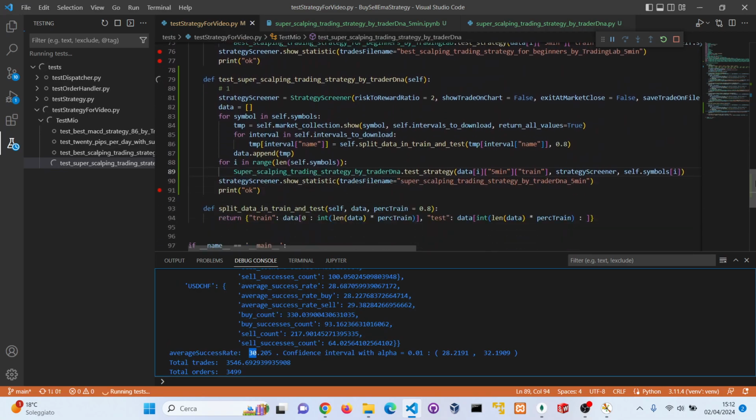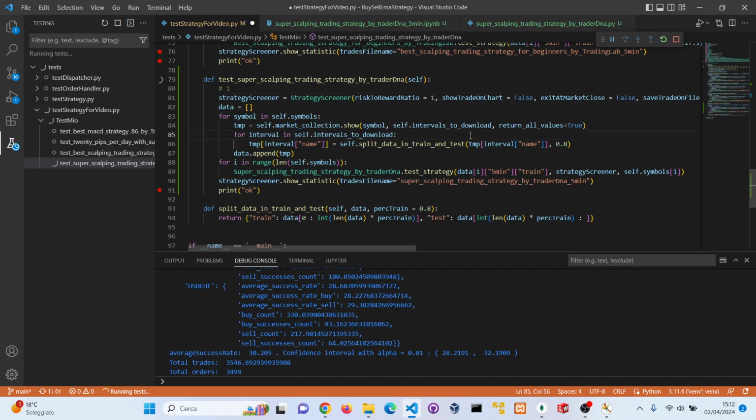Let's change some parameters. For example, he said that a 2 or 3 risk to reward ratio is the best, but I have backtested that 1 is the best.